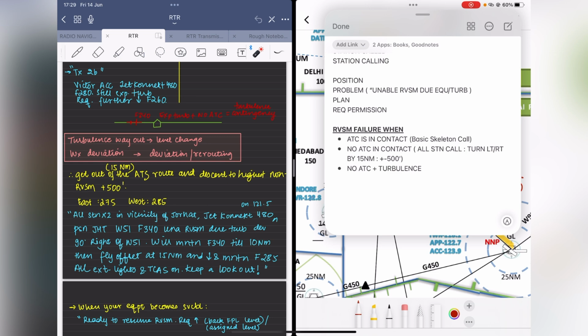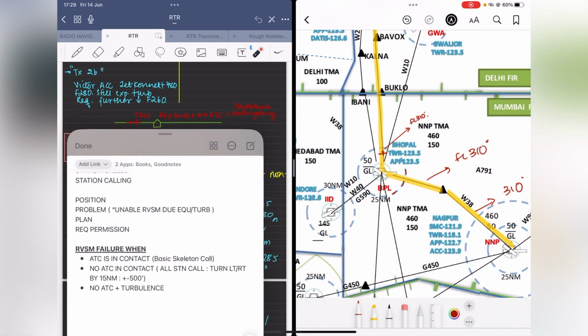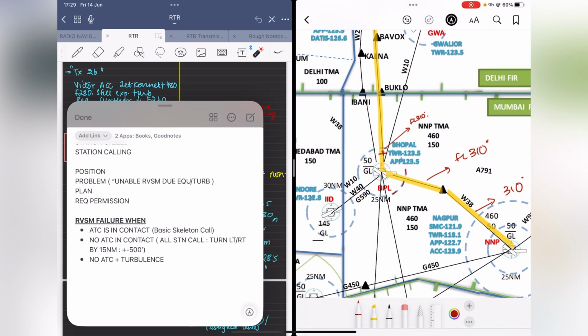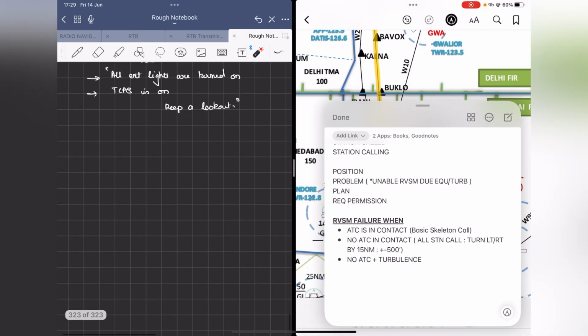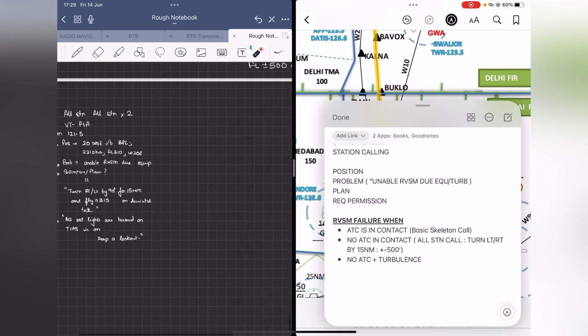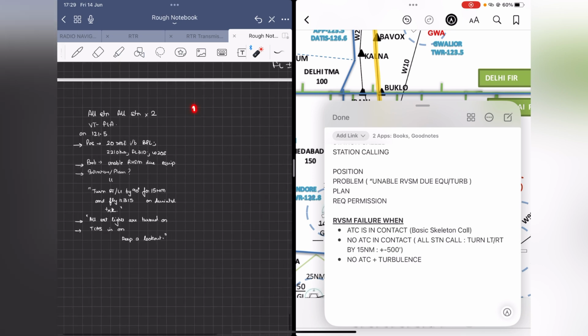All right. So if in the same situation I was facing turbulence, what would the call sound like? The call would sound something like: all station, Victor Tango Foxtrot Lima Alpha on 121.5.